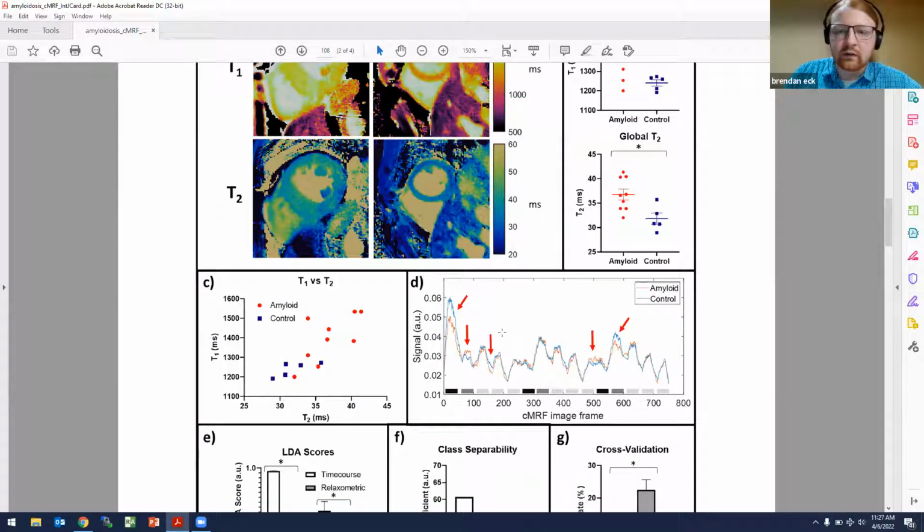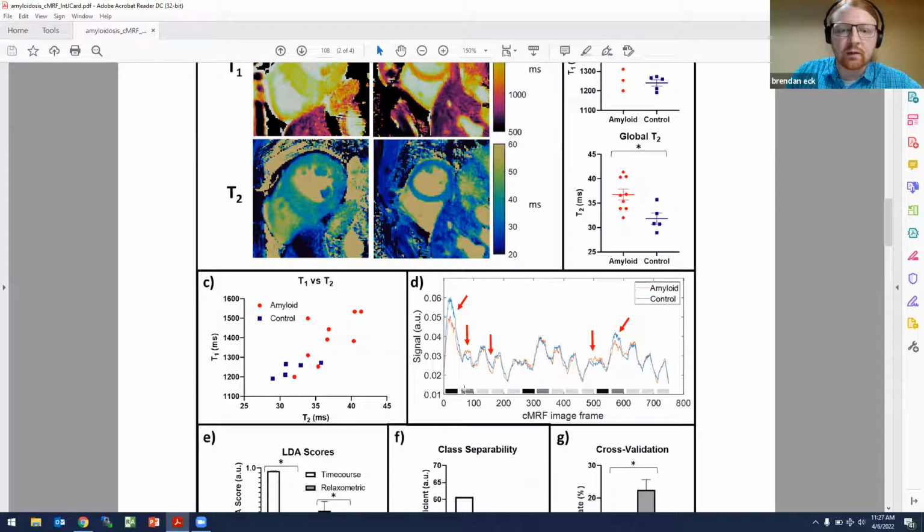Panel D is this concept of looking at the MRF signal time course. So here are shown the signal values, the absolute valued signal for each MRF image frame. So over time, you can see the red curve here is the amyloid patient signal, and the blue curve here is the control signal, and you can see that there are some differences between these curves.